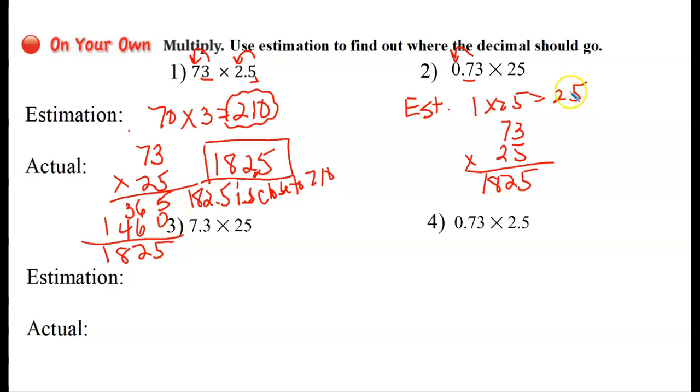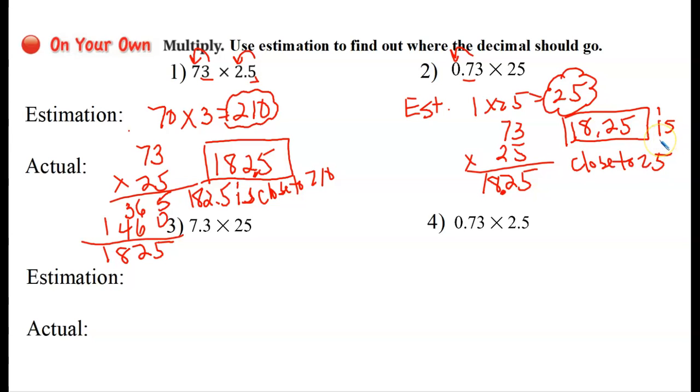But now my estimate was 25. So wherever I put the decimal, it has to be a number that's close to 25. So it makes sense to move my decimal all the way here and say that 18.25 is my answer because it is close to 25. Okay, so we're going to look for patterns and then we're done with this.